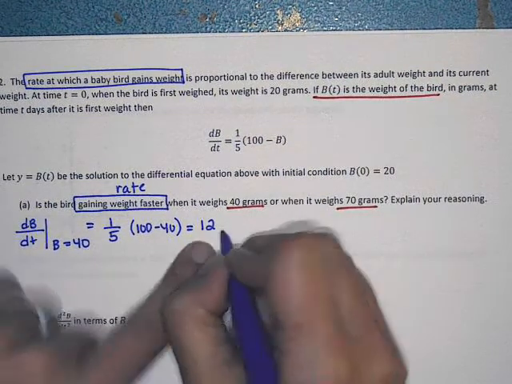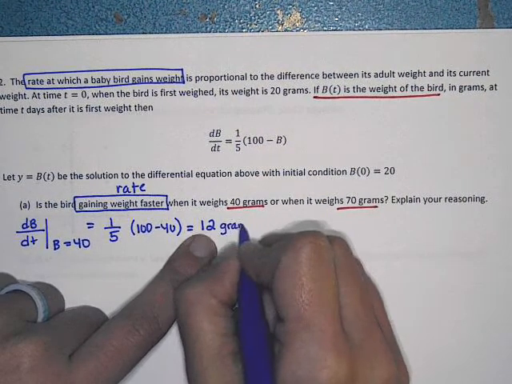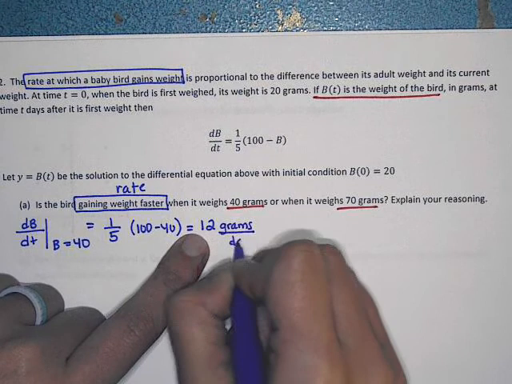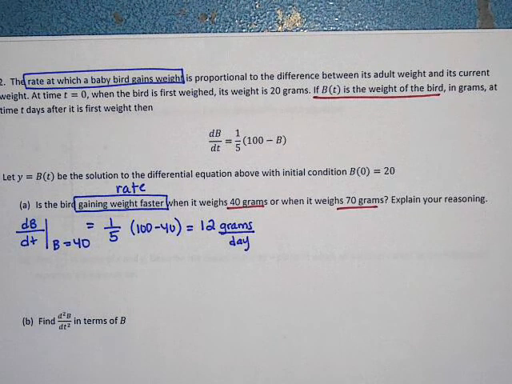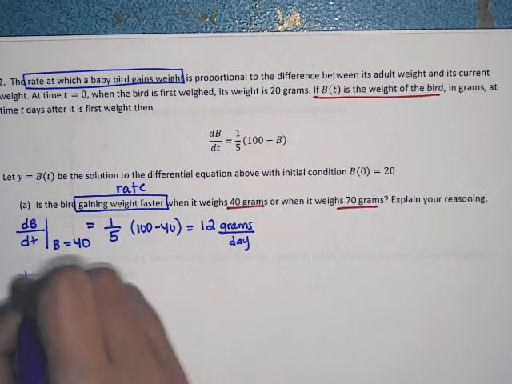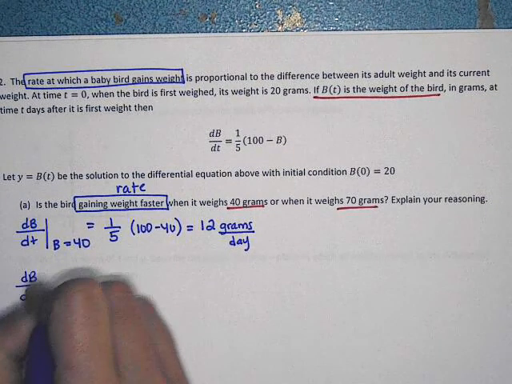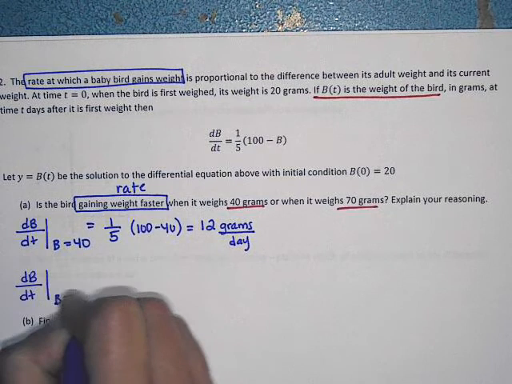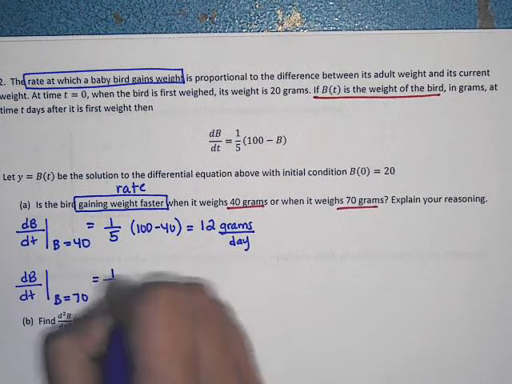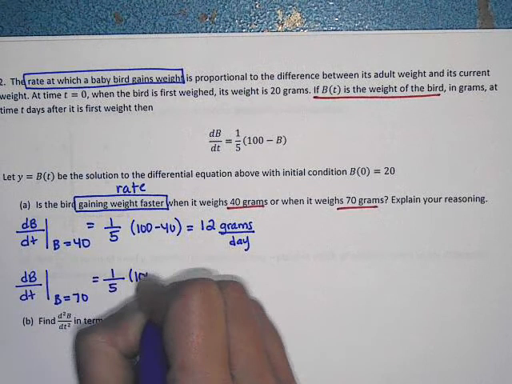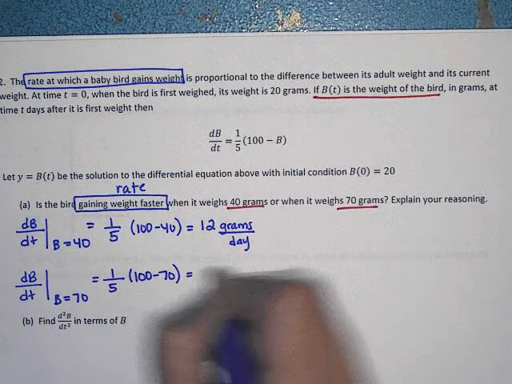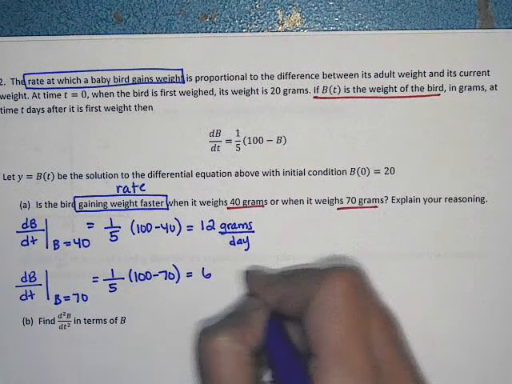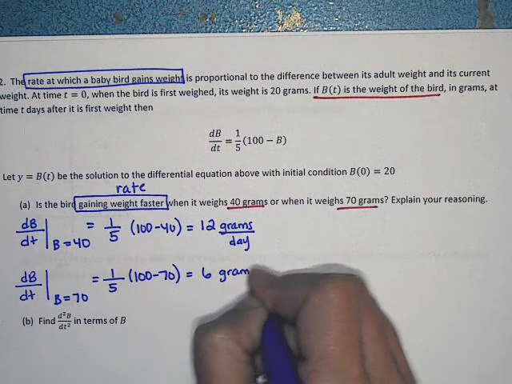So this would be 12 grams per day because it is the rate. Now the second evaluation I need to do is dB over dt evaluated at b equals 70, which would be 1/5 times 100 minus 70, which would be 30 divided by 5, which is 6 grams per day.